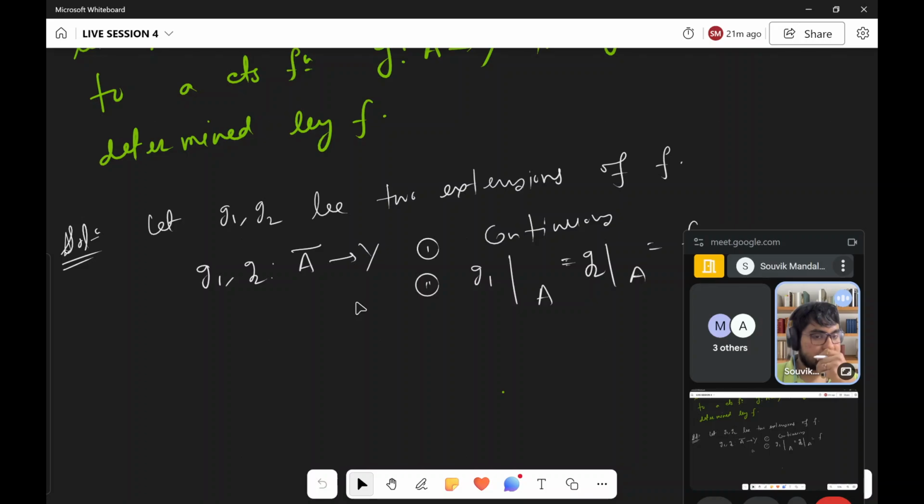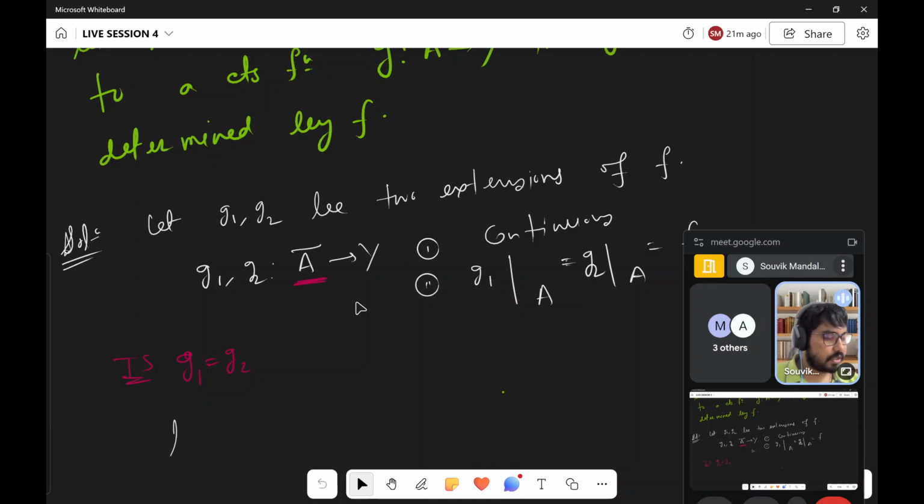That is what the extension means. Our target is to show G1 is equal to G2. Note that the domain of G1, G2 is A closure.